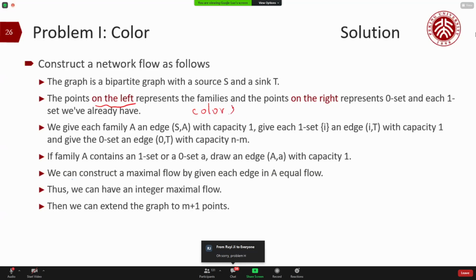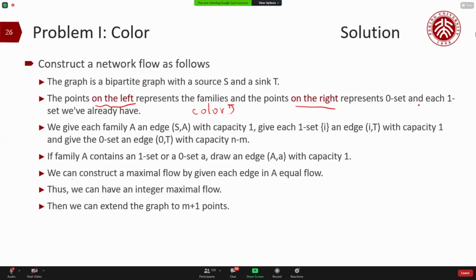Colors define the families of the sets. On the right-hand side, it represents the 0 set and 1 set that we already have. Intuitively, the right-hand side is the nodes for which we need to find out the coloring.